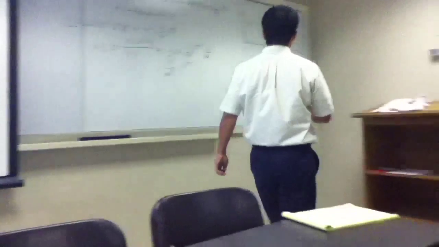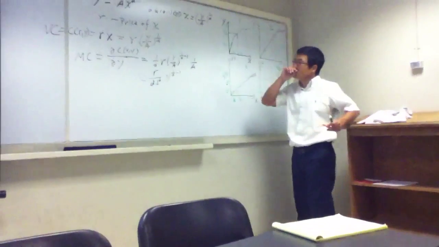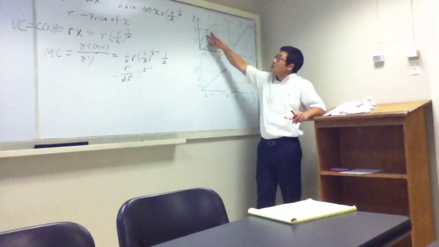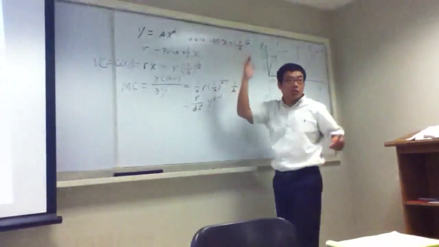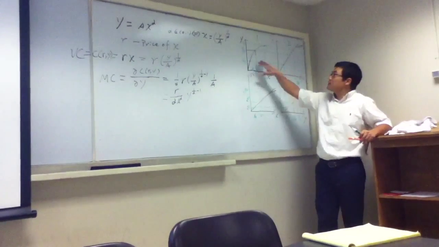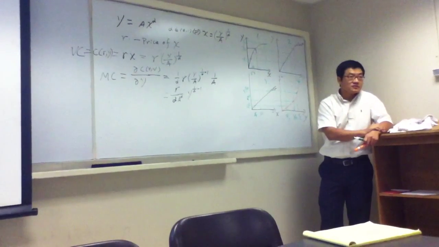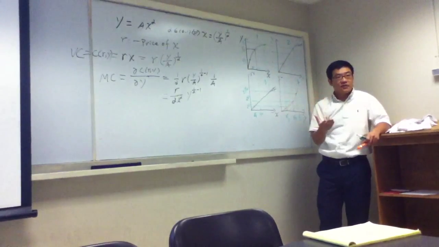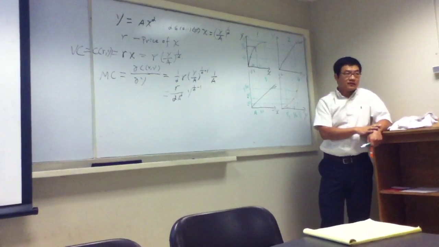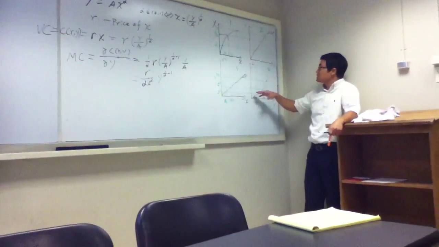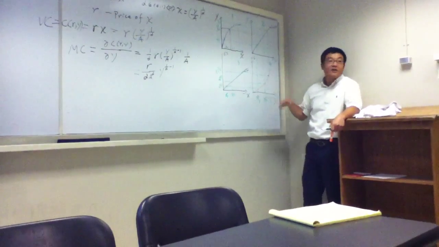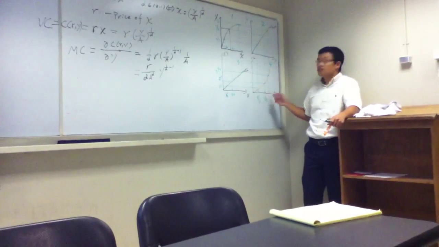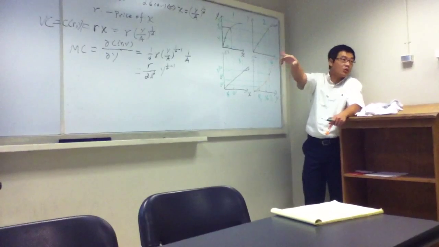And more than that, look at here. When alpha is a number between 0 and 1, we see there's diminishing marginal returns. And technically speaking, this production function is concave. A concave production function corresponds to a convex cost function. I mean convex in terms of y, not in terms of r1 and r2.